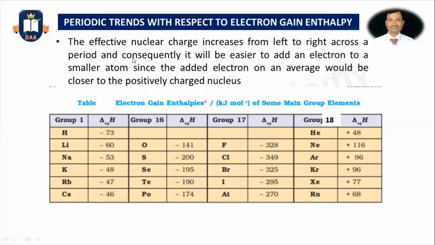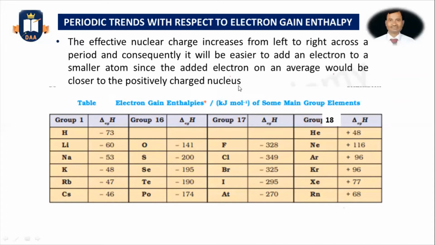And consequently, it will be easier to add an electron to a smaller atom, since the added electron on average would be closer to the positively charged nucleus. Because nuclear charge will increase, but the outermost shell will not increase.